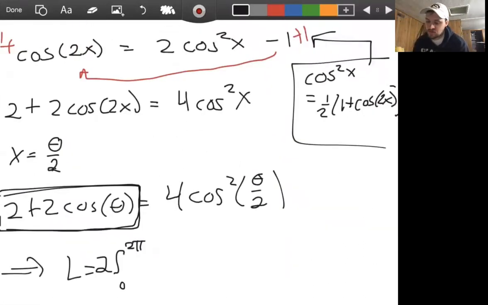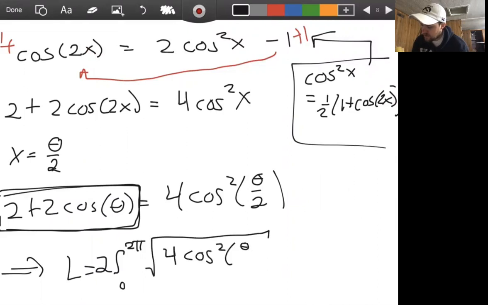But we know 2 plus 2 cosine theta is now 4 cosine squared theta over 2 d theta. And so the trick here was to replace this 2 plus 2 cosine theta with things that are squared, right? I have cosine squared theta, which the goal was to cancel with the square root. And so now we can do that.